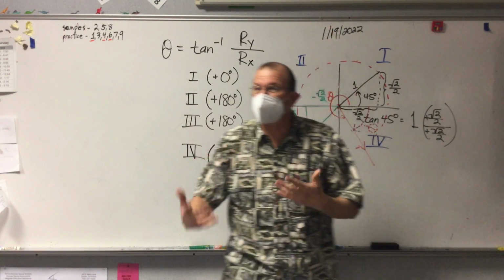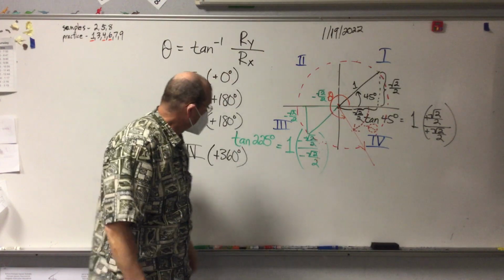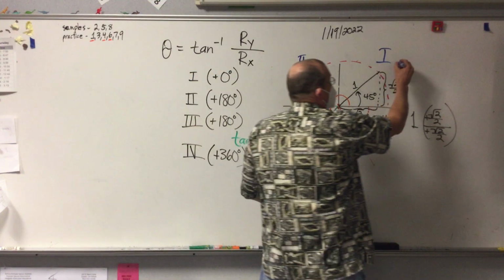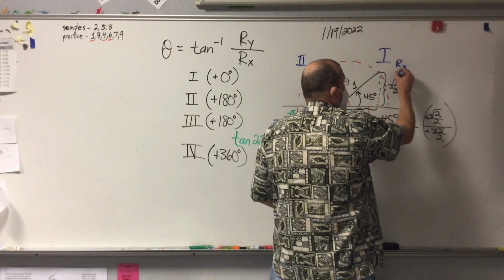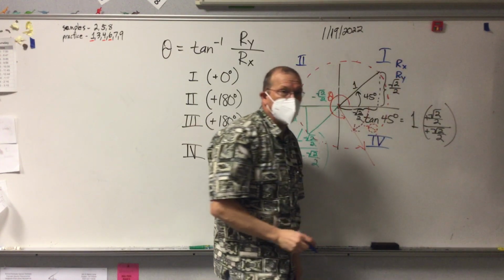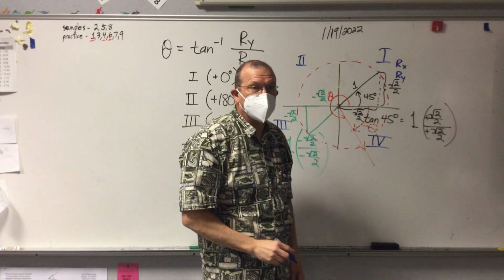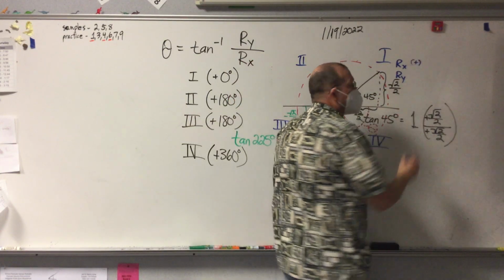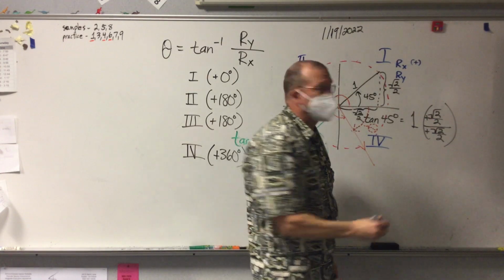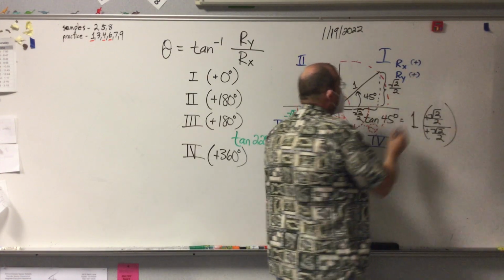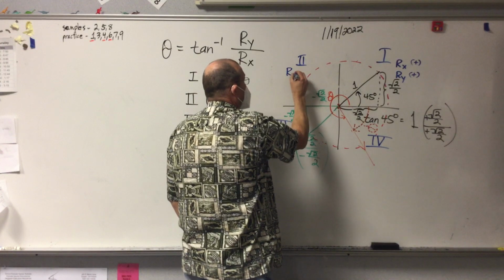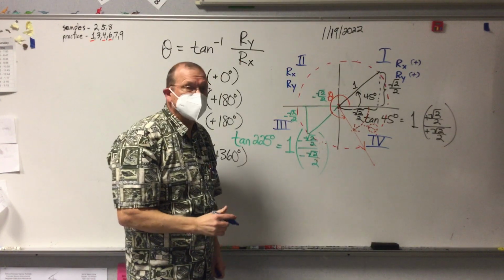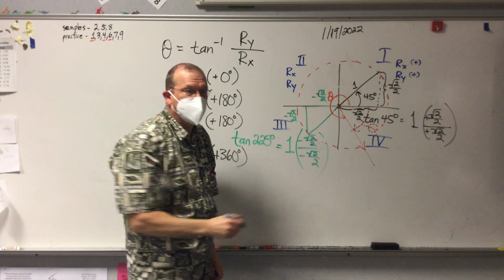It's almost like a Cartesian coordinate system. Now I'm going to do this in blue. If you're in the 1st quadrant, what sign would be on your Rx? Positive. What sign would be on your Ry? Positive. What is the pattern going to be if you're in the 2nd quadrant? Negative, positive.